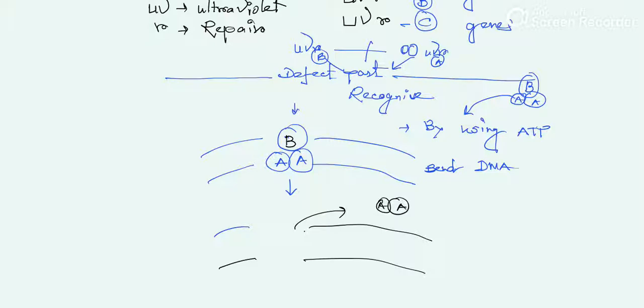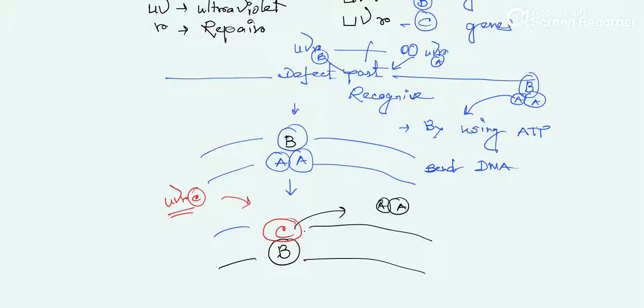After that UVRC binds to the UVRB and DNA complex. Suppose UVRB is present here and another complex in this part, that is UVRC. UVRC comes to this part and attaches with this DNA complex.